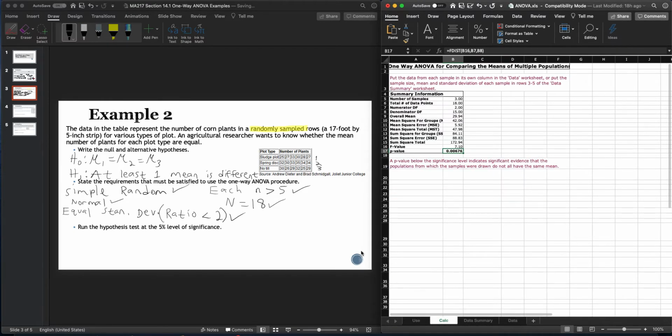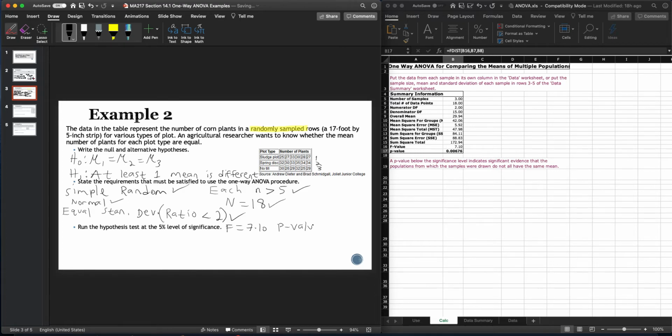Now for the hypothesis test, so this calc tab, we can add an F test statistic of 7.10 and a P value of 0.0068. Alright, 0.0068. And we could write out this conclusion.